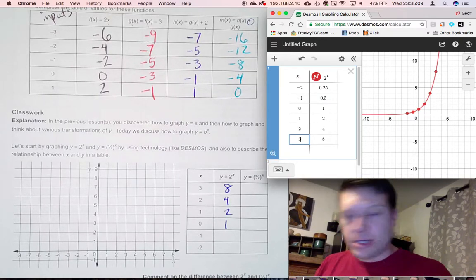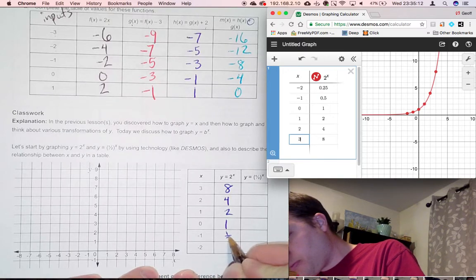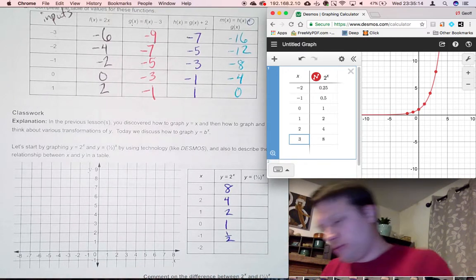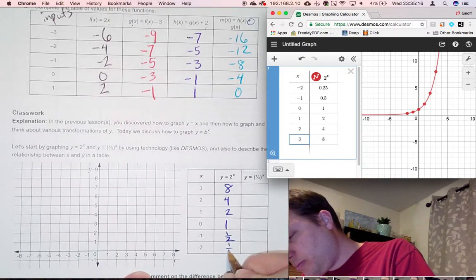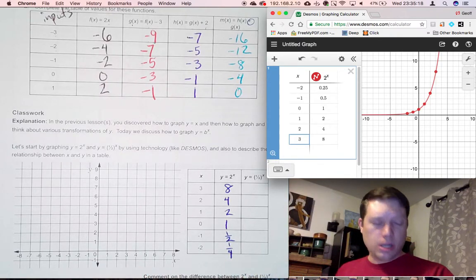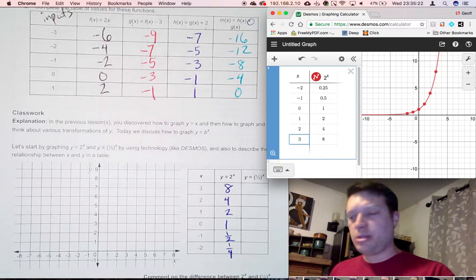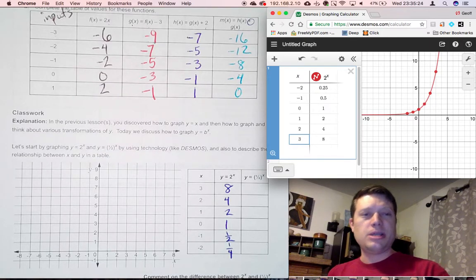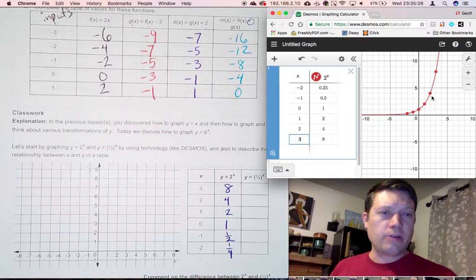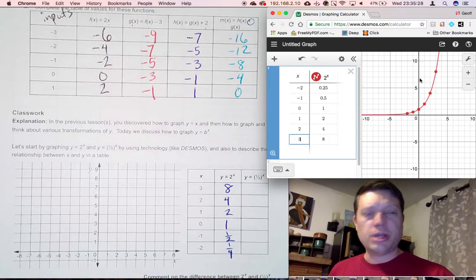I'm going to write it in fraction form. And for negative 2, 1/4. So I can plot those points on the graph, and from the picture of the points, be able to see that curving exponential function 2 to the x.